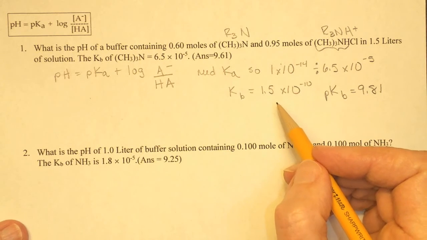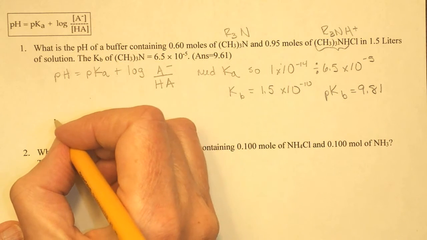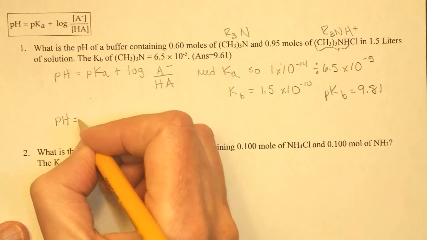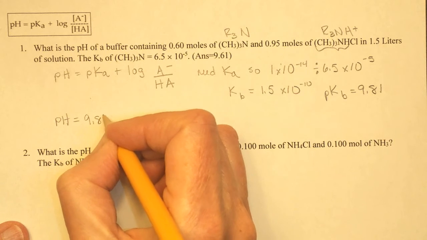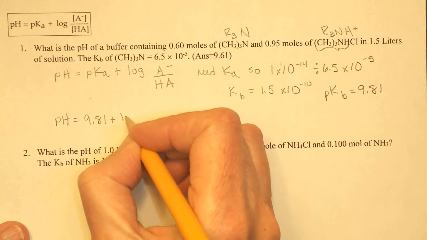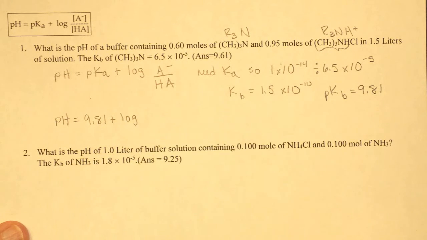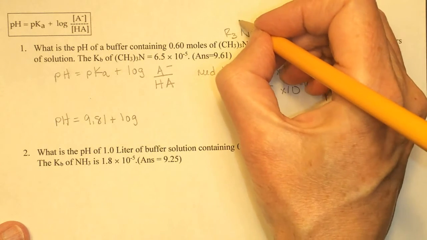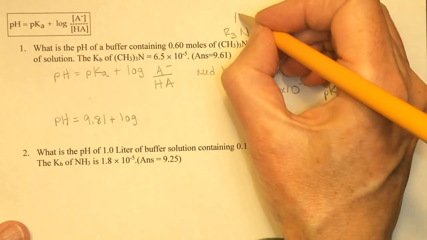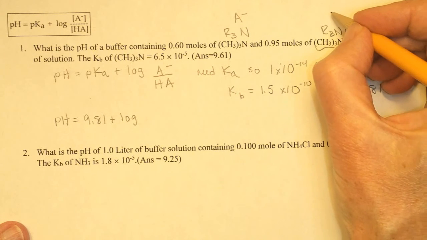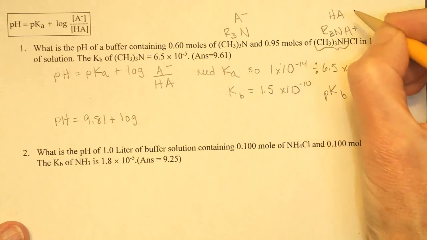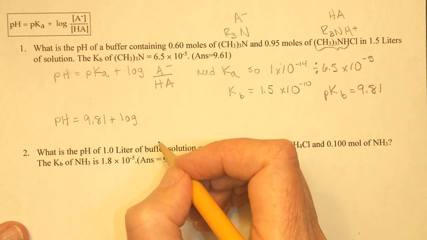So now it's a matter of plugging into the equation. So pH is going to be pKa, 9.81, plus log, and we have to have A minus. A minus is our amine, and HA is our ammonium compound.